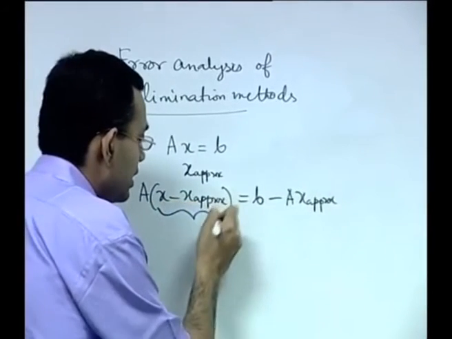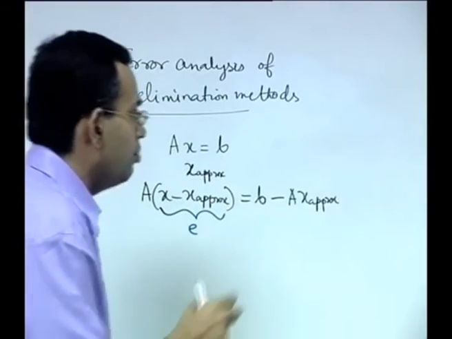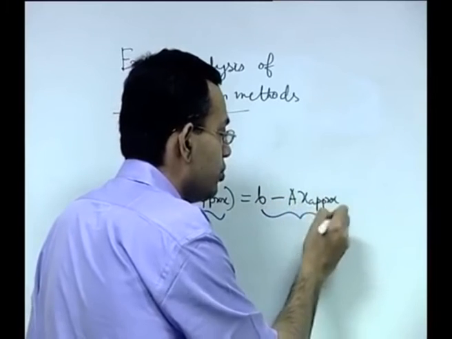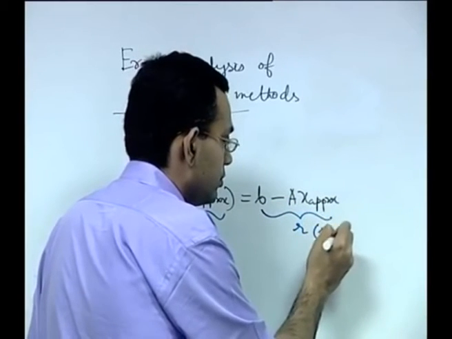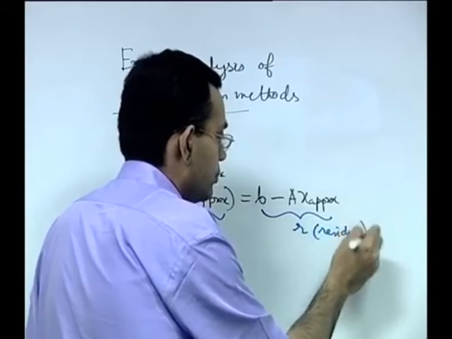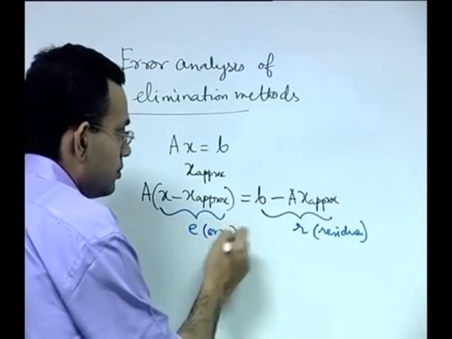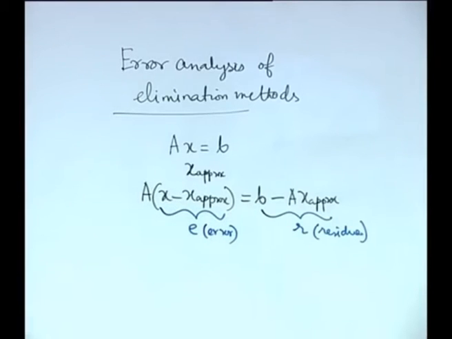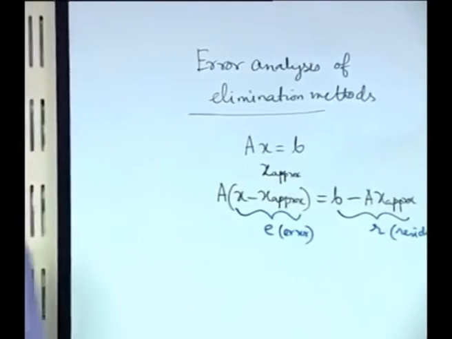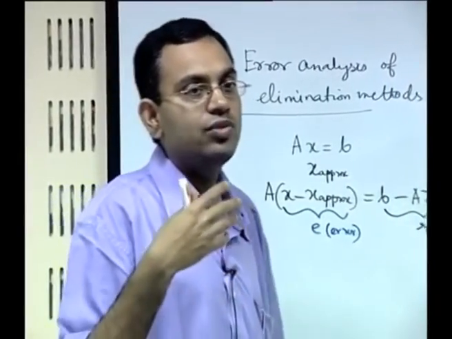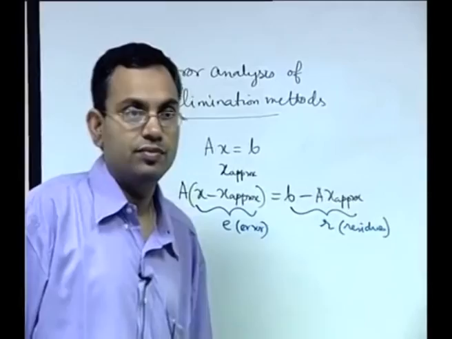So, we call that E, and b minus A into x approximate is called the residue R. If the approximate solution was the same as the actual solution, then the residue would be 0. So residue is also an indicator of the deviation of the actual solution from the approximate solution.